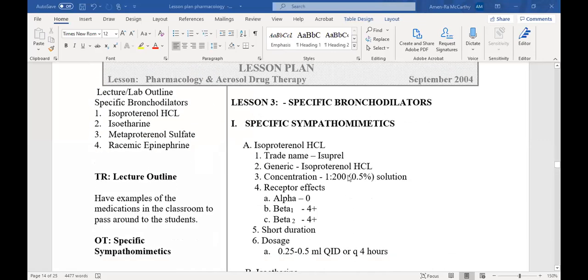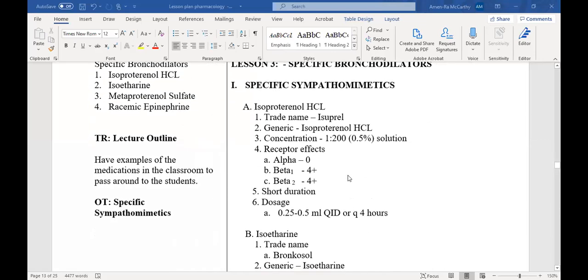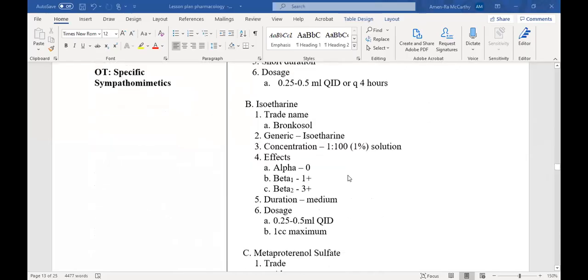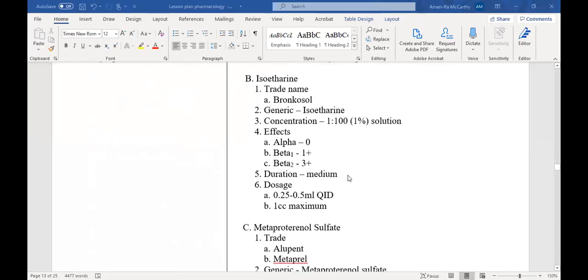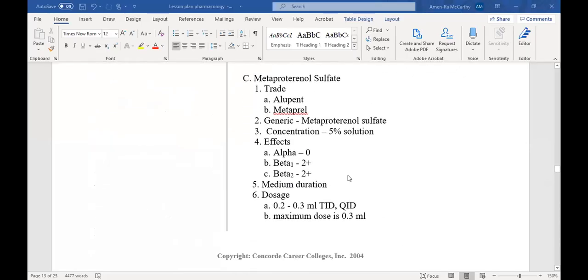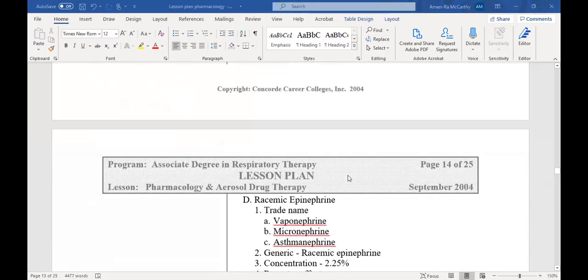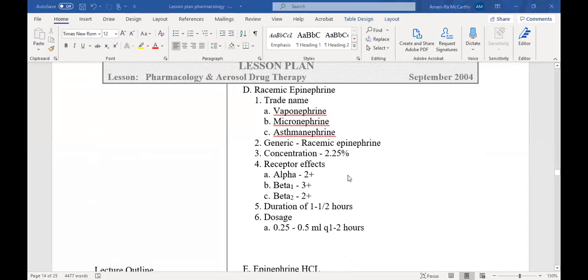All right. So as we continue with the other sympathomimetics, we have done isoproterenol, which is Isuprel, isoetharine, which is Bronkosol. We talked about metaproterenol sulfate, which is Alupent and Metaprel. We talked about racemic epinephrine. It is the inhalation epinephrine, okay?